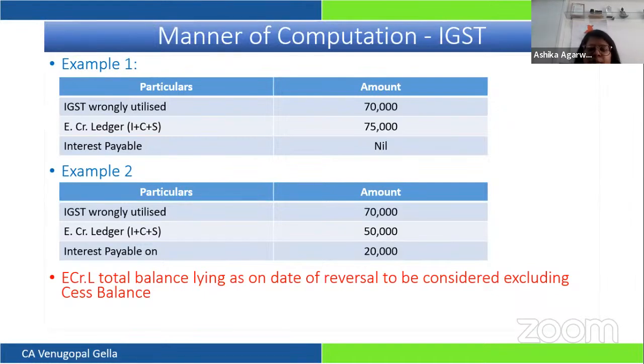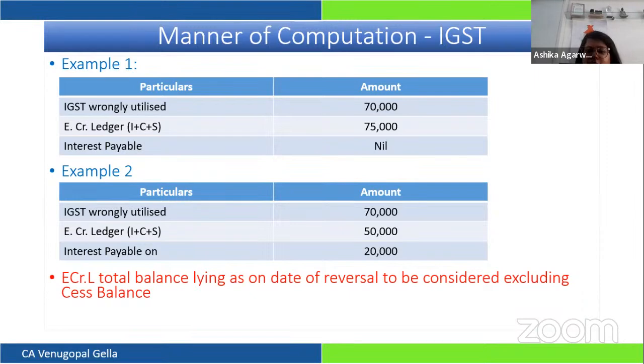Now for the IGST part, they have come up with the clarification that for calculating the IGST wrongly utilized, I don't need to see IGST alone, I need to see ICS. Total of IGST, CGST and SGST needs to be checked in order to see whether interest is applicable or not. Like in this example, maybe I have wrongly utilized 70K, but my electronic credit ledger as on that date maybe 75K in totality, not ICS separately.